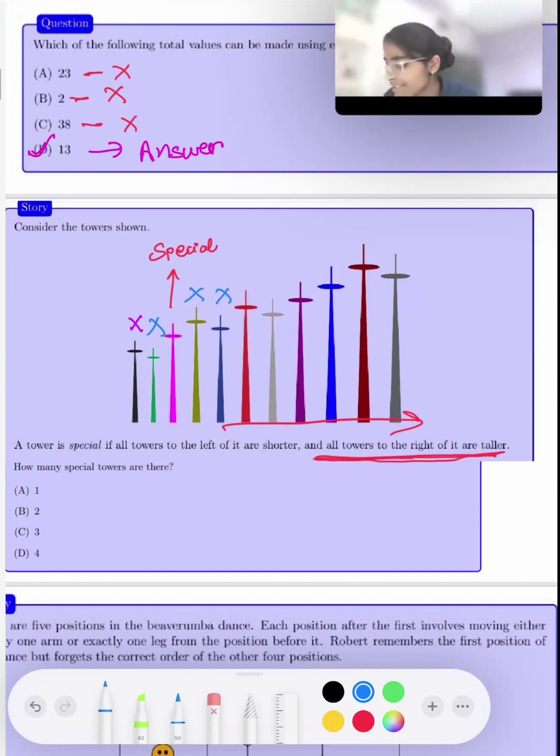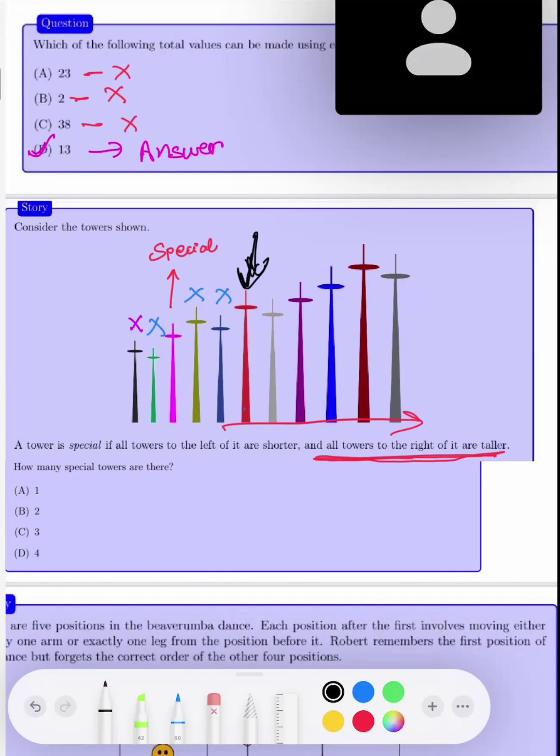Is this red tower special? This one? Give the answer. Speak up.